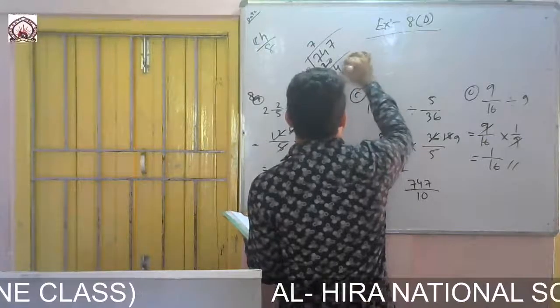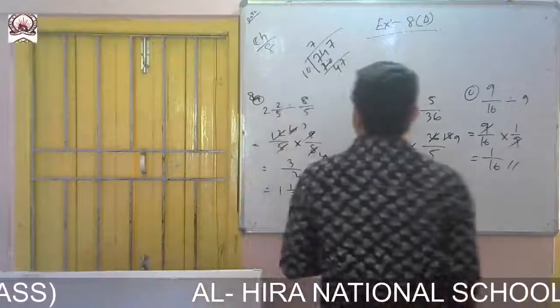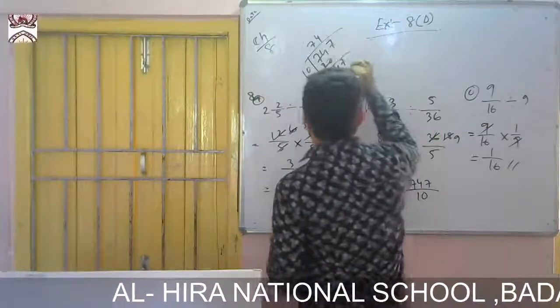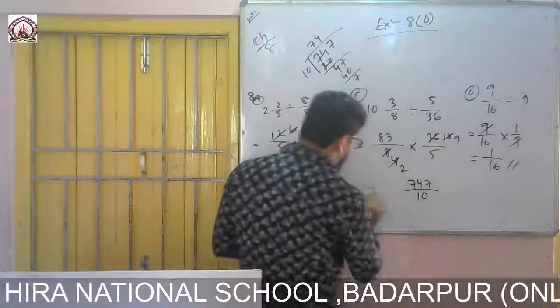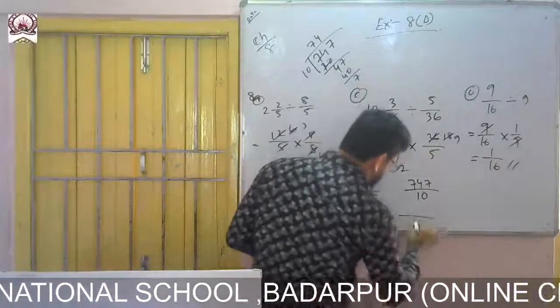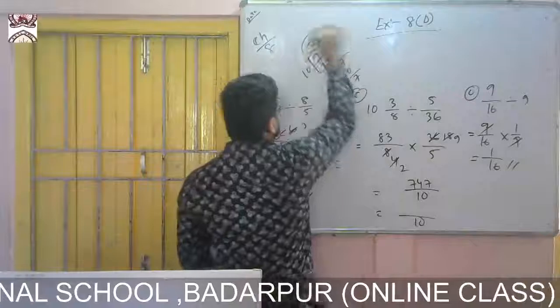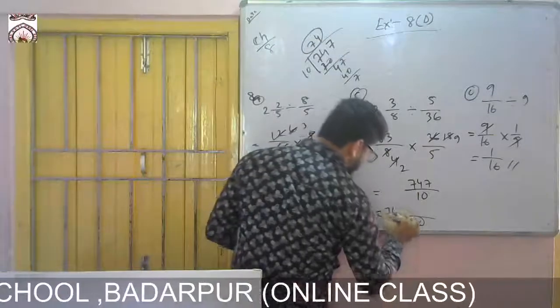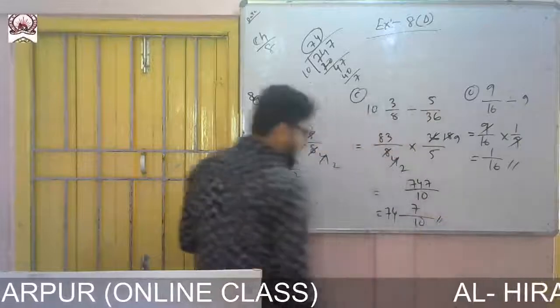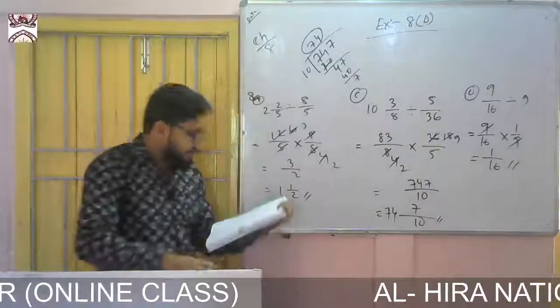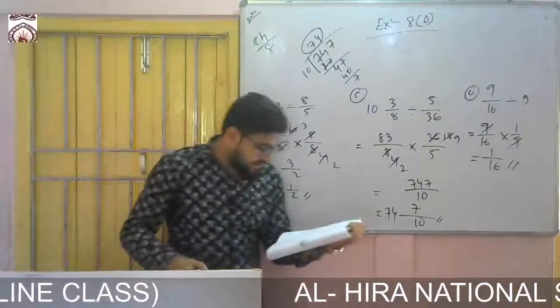Then 4 remains. Then 10 4s are 40, remain 7. So I can write this one as 7 4 by 10. So this one is 7 4 by 10.